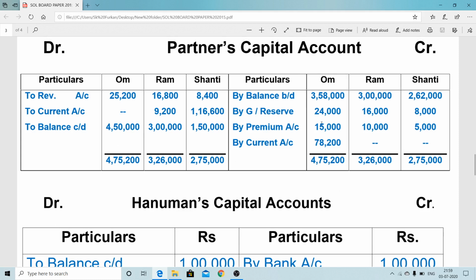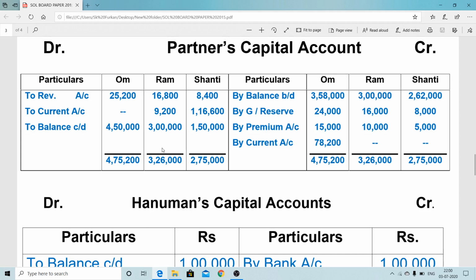If you add all these three, his benefit is not coming, and loss on revaluation is also there. So either he has to bring this cash 78,200, or we can transfer it to his current account. This way we can do, or another way, making two phases: first phase total addition, balance CD, again balance CD, afterward putting the current balance and then the difference. So anyway, any method we can adopt.